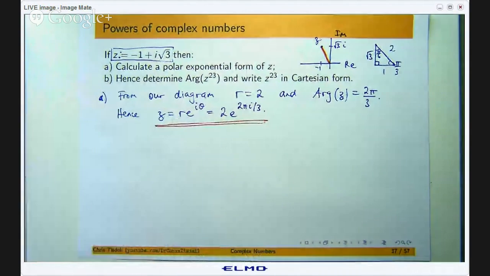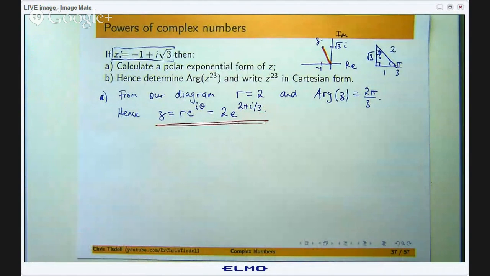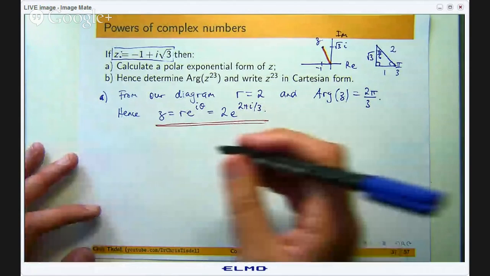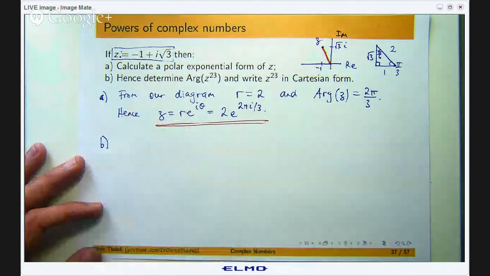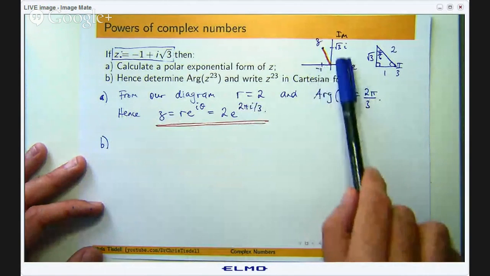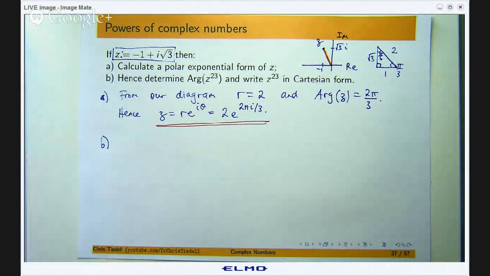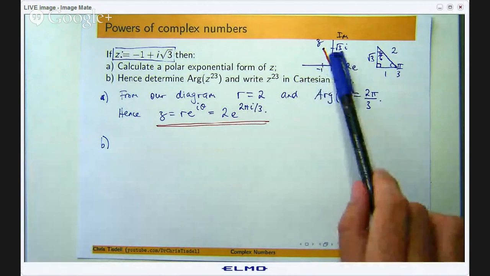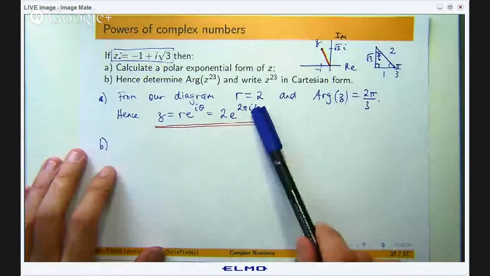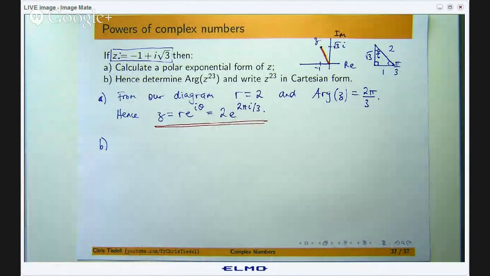And in fact it's a simplified form because the angle associated with it is between negative pi and pi. Now there are lots of answers here because you could keep rotating and rotating. So if you add any multiple of 2 pi to this angle, you'll get back to the same place. So there's not just one answer for this particular argument, but there is a simple answer if you like.